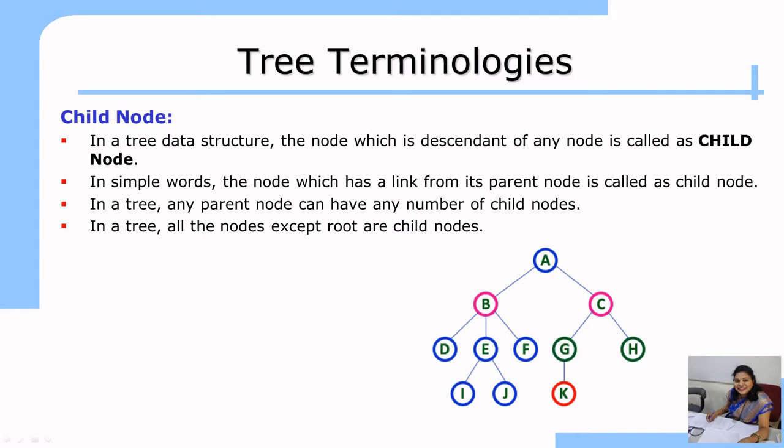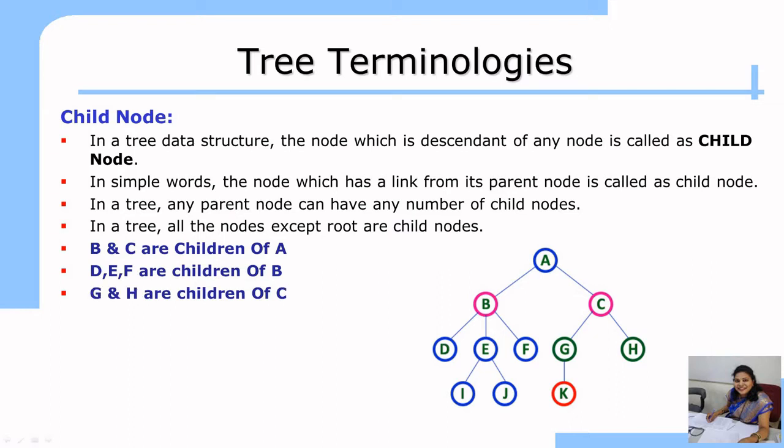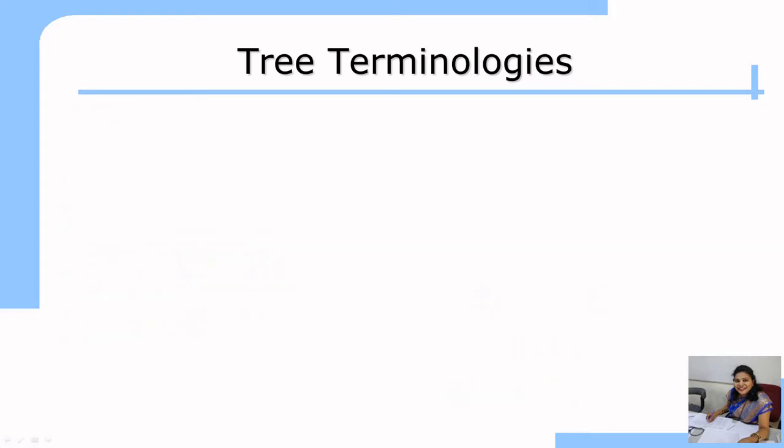So besides A, which is the root node, all other nodes are the child nodes. You can see that B and C are the children of A. D, E, F are the children of B. G and H are the children of C. I and J are the children of E, whereas K is a child of G.